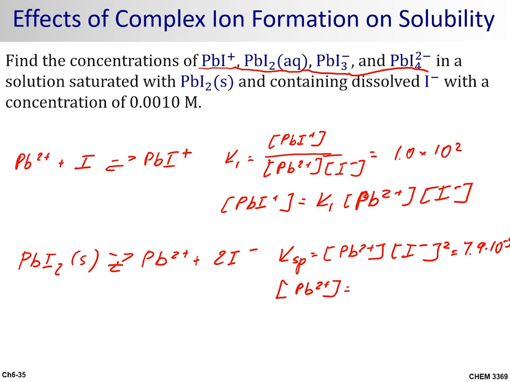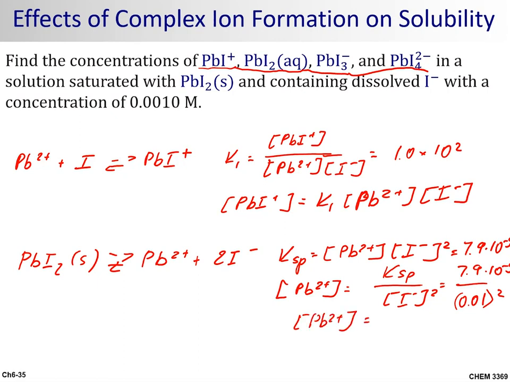It's going to be Ksp divided by the I minus squared. Ksp is 7.9 times 10 to the 9th power. The I minus is 0.01 squared. So the concentration of Pb2+ is going to be 7.9 times 10 to the negative third molar.